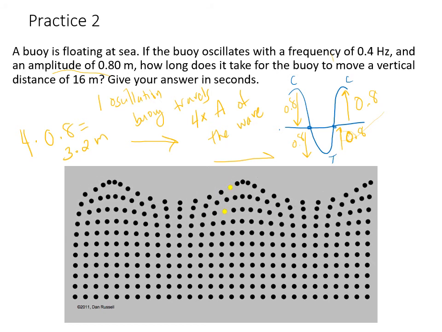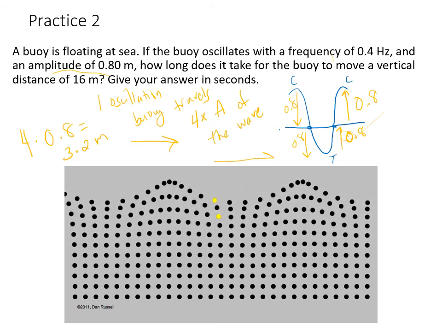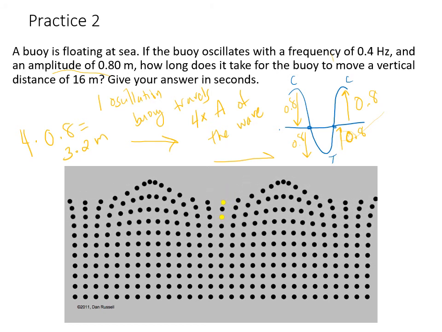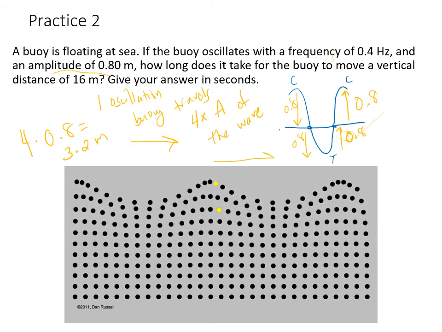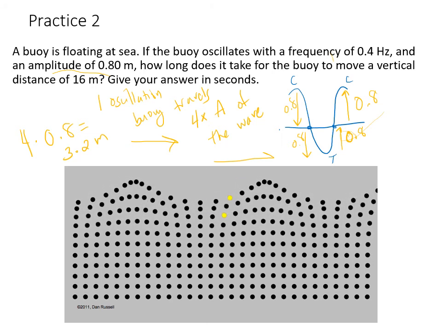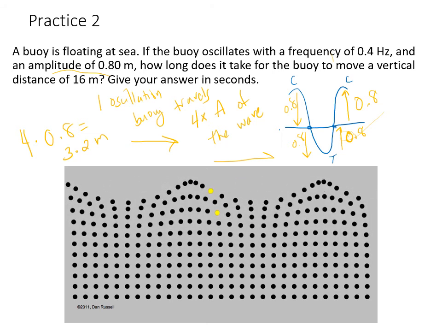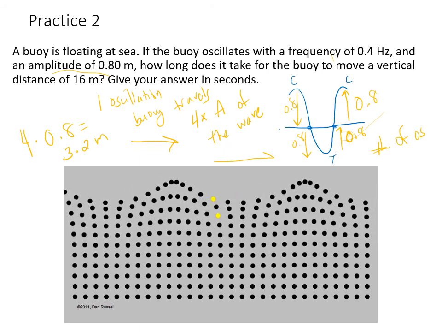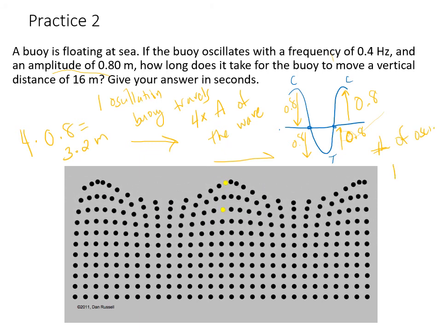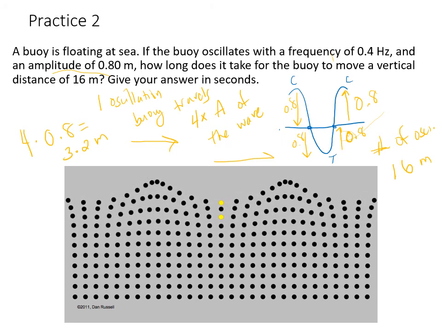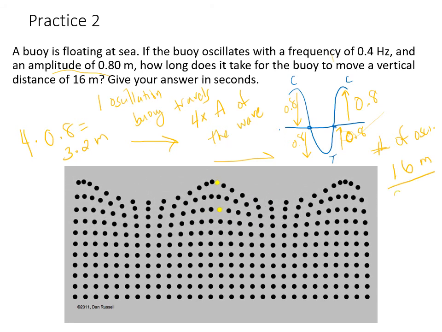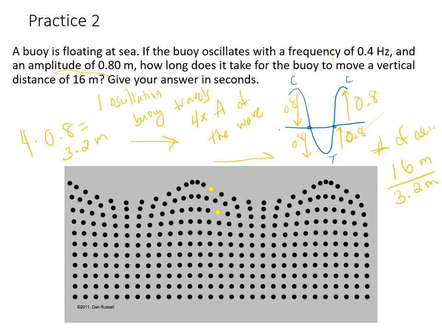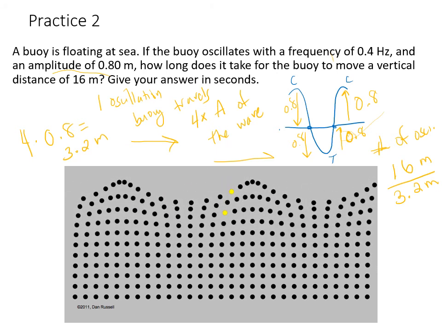The question asks, how long does it take for the buoy to move a vertical distance of 16 meters? So let's see how many oscillations the buoy would have to go through to travel 16 meters. To figure out the number of oscillations, I'll do 16 meters divided by 3.2 meters, and this gives me an answer of 5.